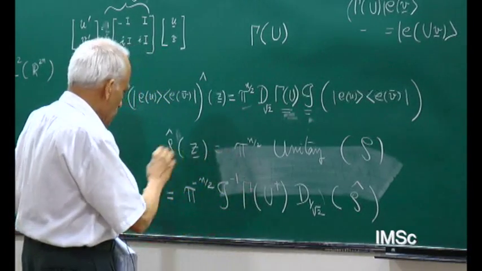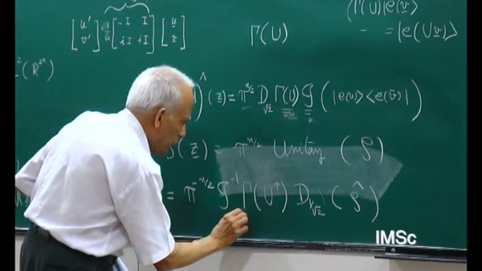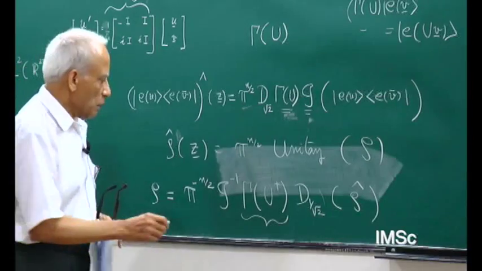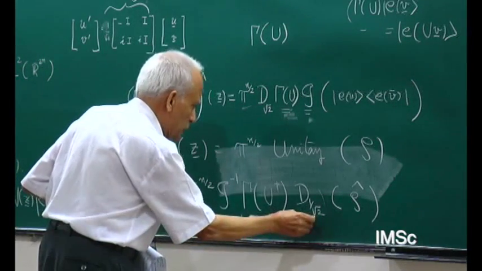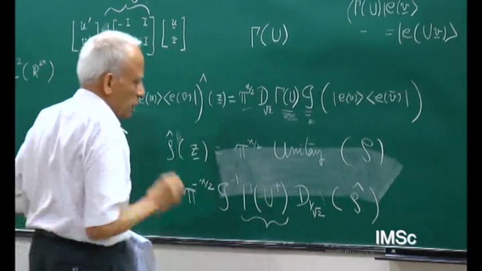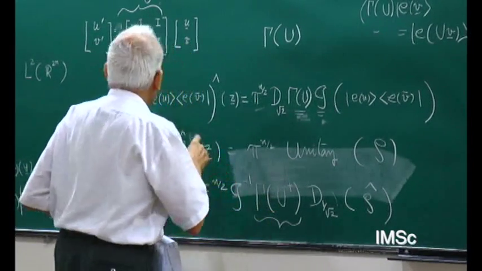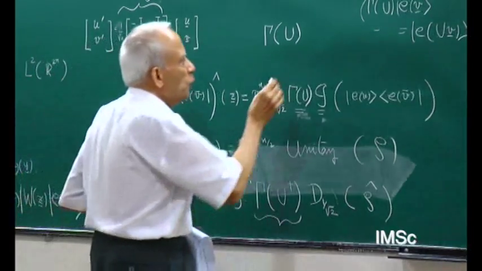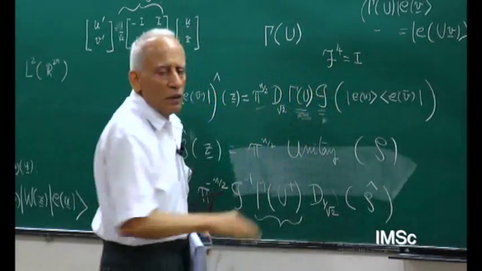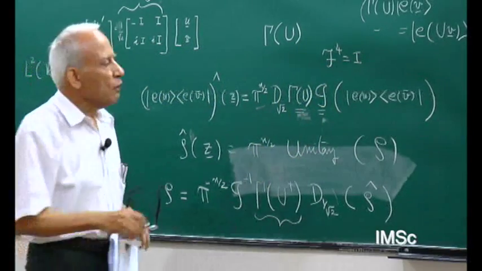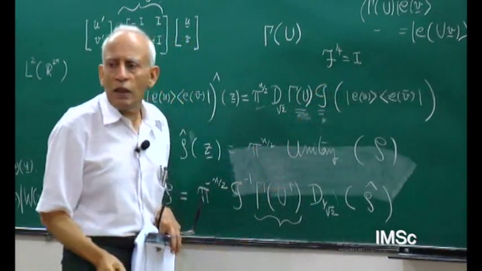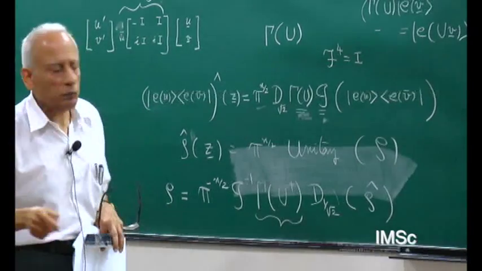So this so-called Wigner-Weyl transform is nothing but second quantization of a unitary, modulo identification and modulo a scale change. The Fourier transform is simply the gamma of this unitary. And it is an interesting fact. We all know that the Fourier transform to the power 4 is identity in the usual L2 Rn. If you take the unitary Fourier transform, F to the power 4 is identity, F squared is minus identity.